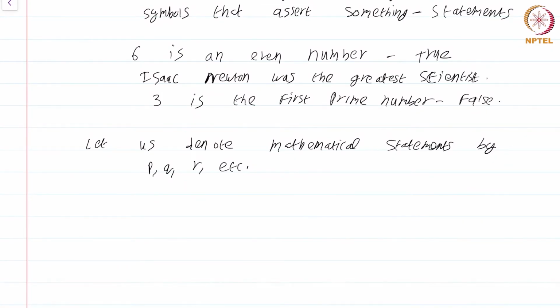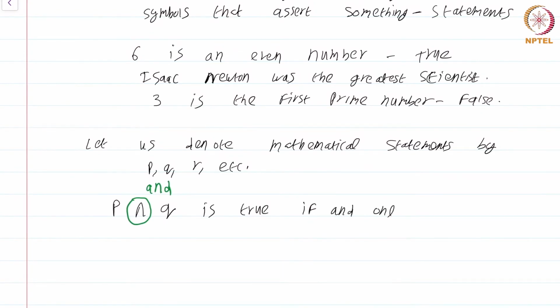We have P and Q. This is one way of combining two mathematical statements. This is AND. As you can guess, this compound statement P and Q is true if and only if.